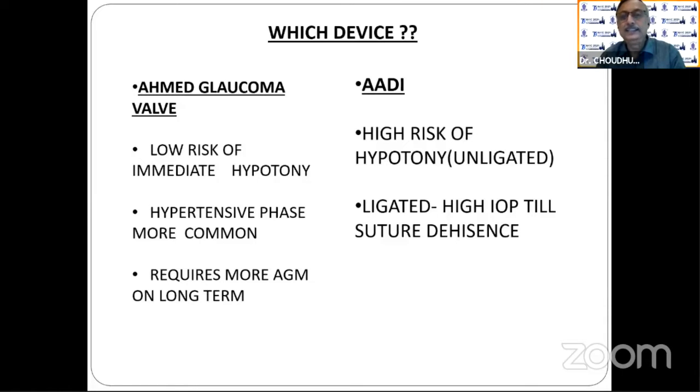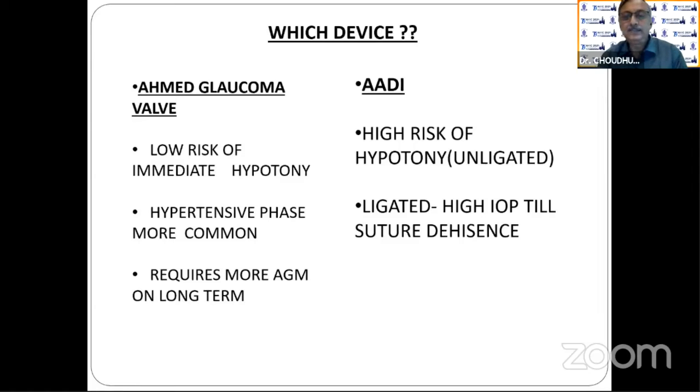In case of the ADI, there is a high risk of hypotony if it is unligated because it is not a valve, it is one-way traffic. So you have to ligate, keep it for at least 1 month to make a pool where the aqueous will be drained at the later part, in the posterior part between two muscles where the body of the valve is. Then slowly we have to cut the suture, and you'll get a good valve action.